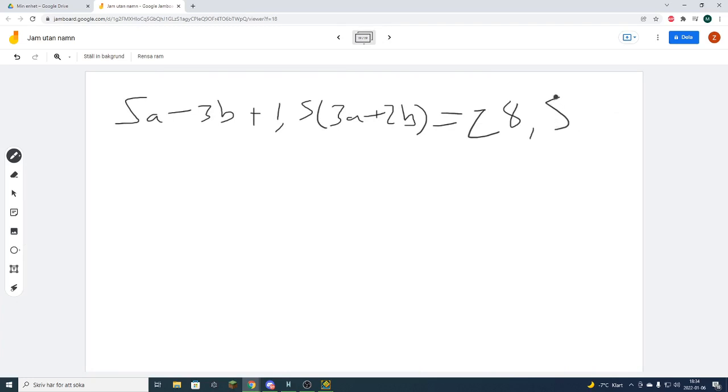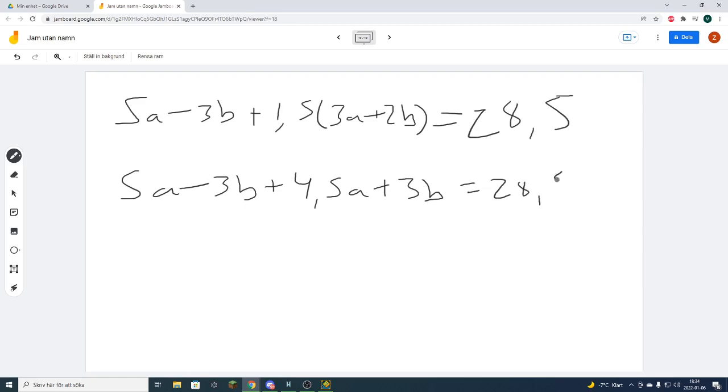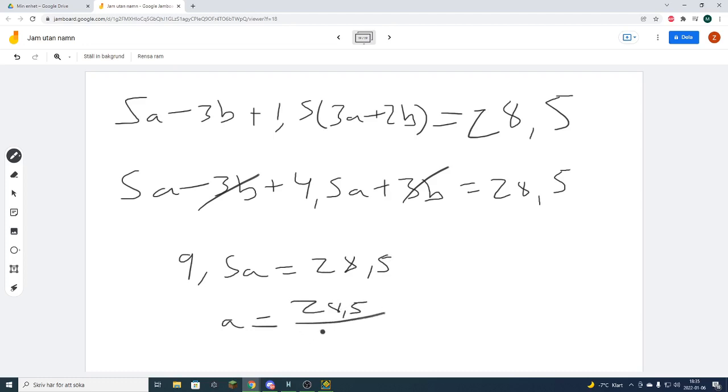So let's simplify this. I'm just going to end up with 5a minus 3b plus 1.5 times 3a, which is 4.5a, and then plus 1.5 times 2b, which is 3b, is equal to 28.5. Now, negative 3b and plus 3b are going to cancel, and so we get 5a plus 4.5a, which is 9.5a, is equal to 28.5, or a is equal to 28.5 over 9.5.